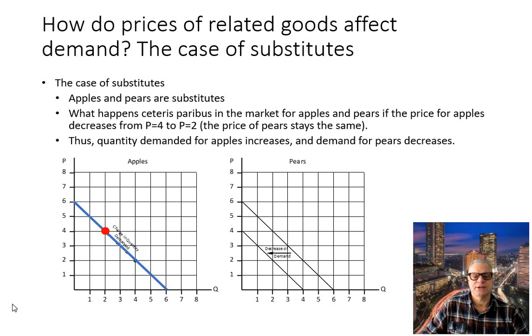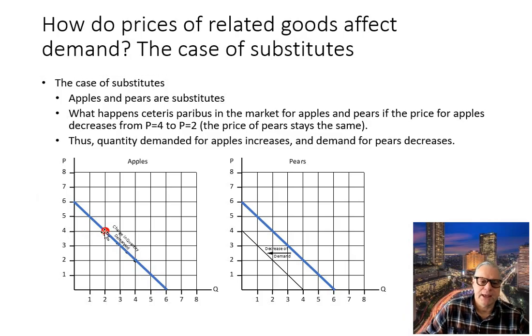Let's say initially our demand function for apples is the blue line, and the price is initially 4. And our initial demand function for pears, a substitute of apples, is the other blue line.